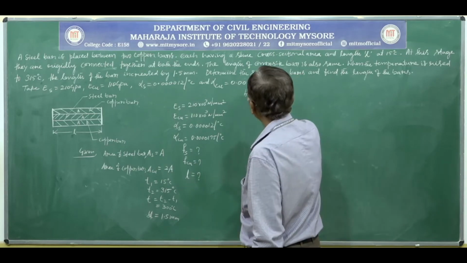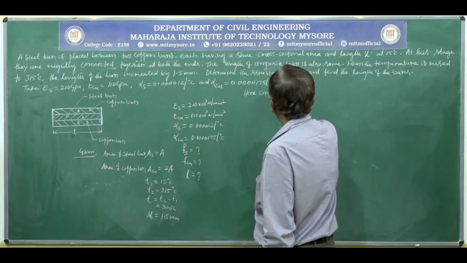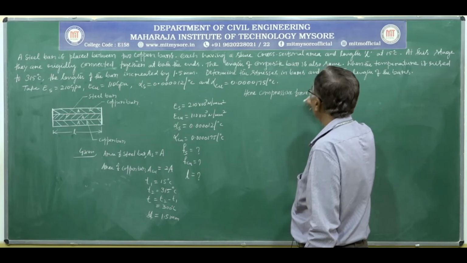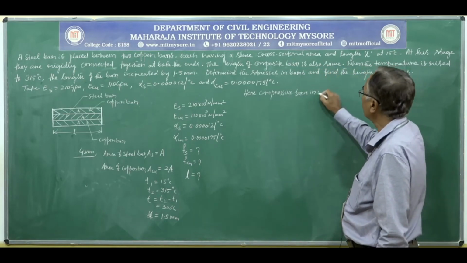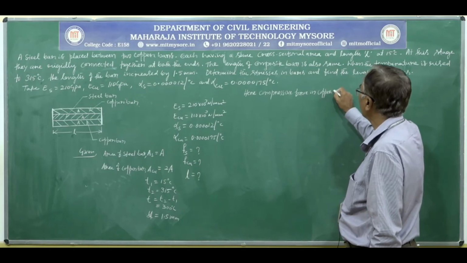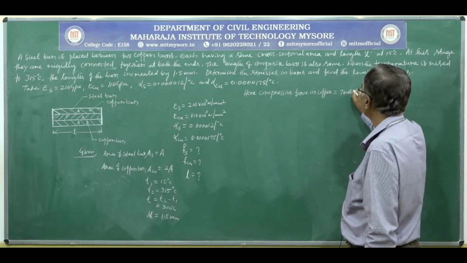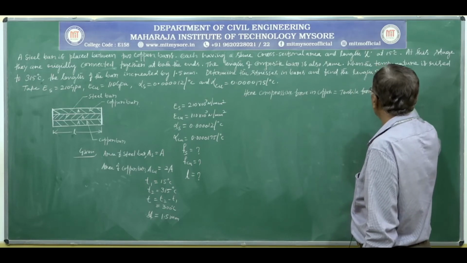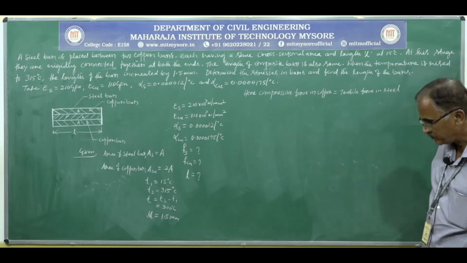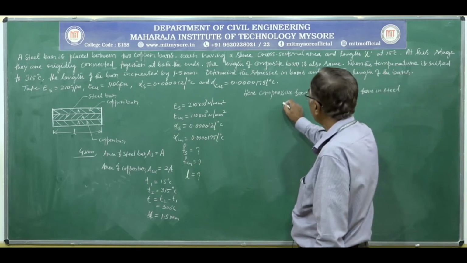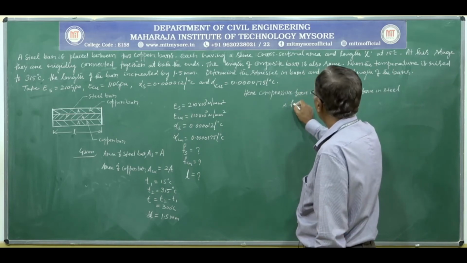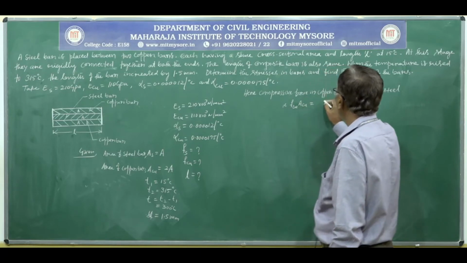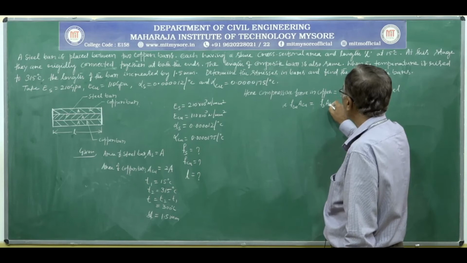Here, compressive force in copper is equal to tensile force in steel, that is FCU ACU is equal to FS AS.